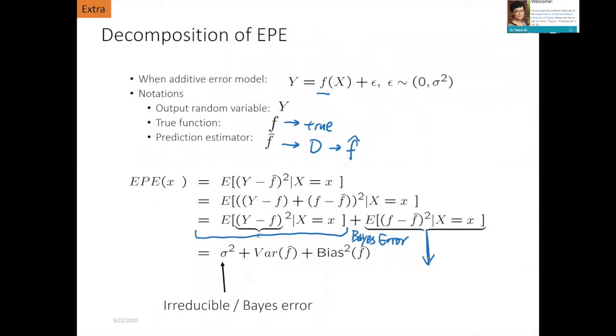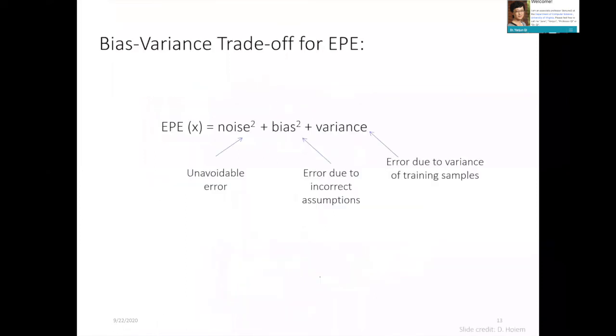So my true function versus my estimated function from my current training data. And this part can be decomposed into something called variance plus bias squared term. So how to do it? I will not do that. For my graduate class, I actually do this full proof. But I have slides right after this slide.